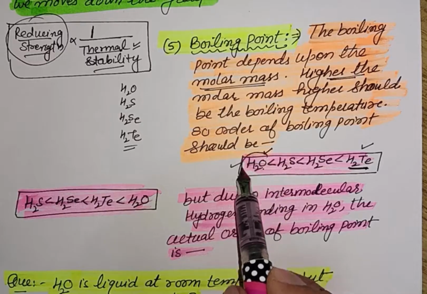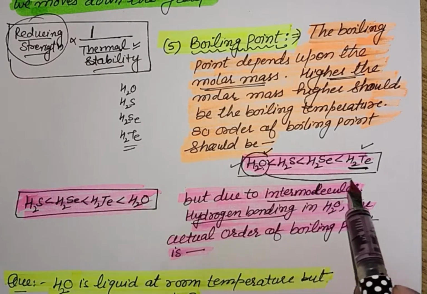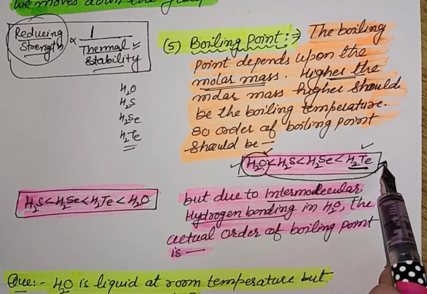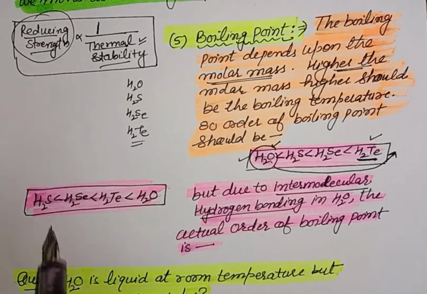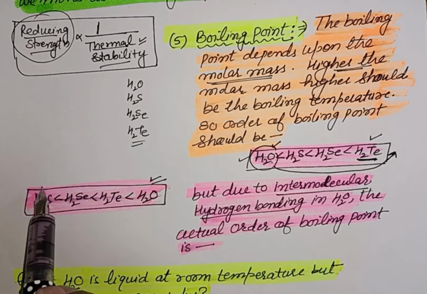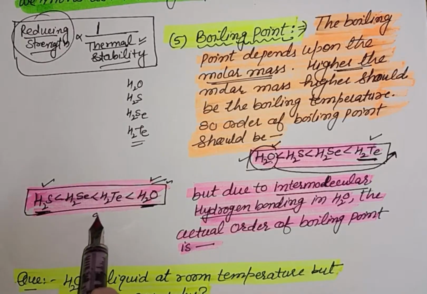But in the case of water, there is hydrogen bonding. Due to this hydrogen bonding, its boiling point becomes the highest among the hydrides of group number 16. So the actual order is H2S having the lowest boiling point and H2O having the highest boiling point among the hydrides of group number 16 elements.